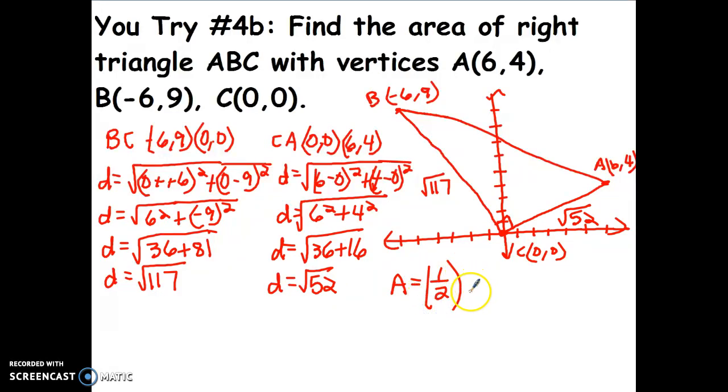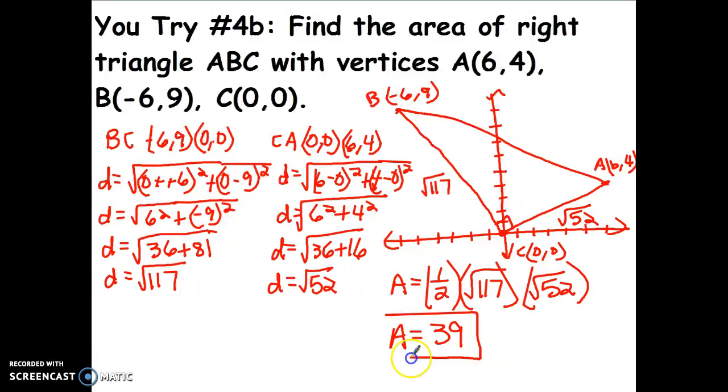So the 1/2 of square root of 117. Oh, it's so ugly. And times the square root of 52. So once you put it in your calculator just like that, we see that the area calculates to be 39.